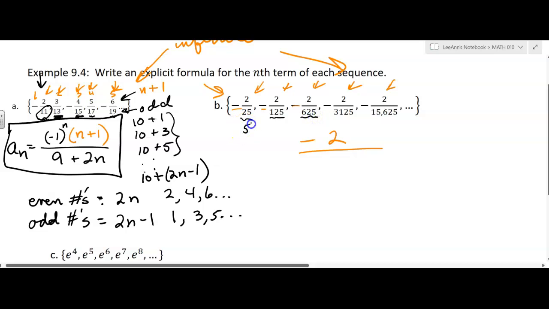It's 5 squared, 5 cubed, 5 to the 4th. Now you could check, I'm going to guess 3,125 is 5 to the 5th, but you could check it on a calculator if you had any doubts. Usually if you have 3 numbers, that's enough to establish the pattern, but I'll check it out on my calculator. Yep, 3,125.